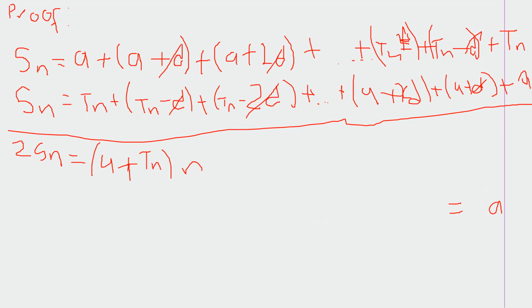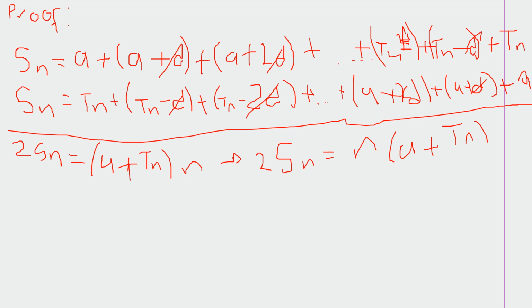So now, let me just write it in a good way. You write your n on the other side. 2Sn equals n multiplied by a plus Tn.